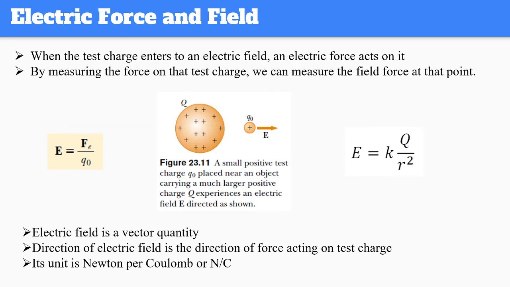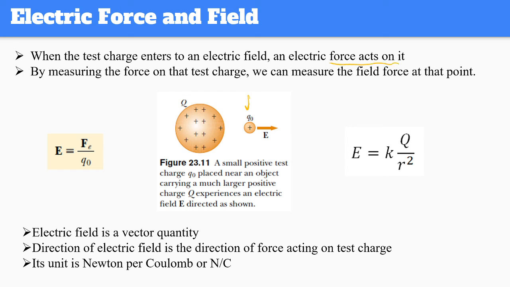So what is the relationship between electric force and electric field? When the test charge enters an electric field, so when do we have a field? When we have a charge in the system. So when a test charge, that smallest charge, enters a field, then what is going to happen? It is going to feel a force.